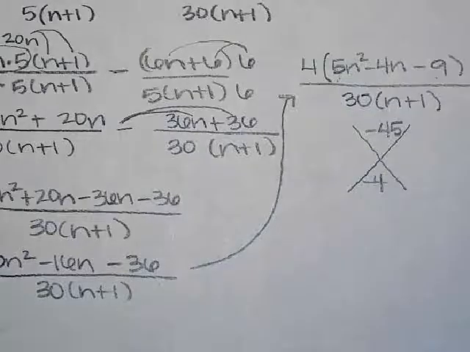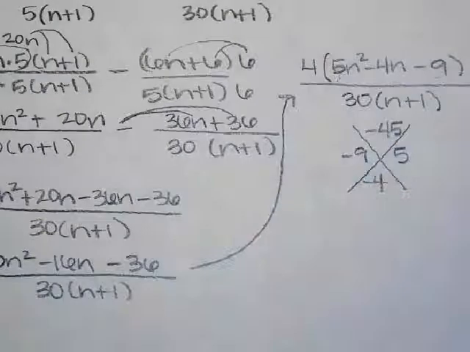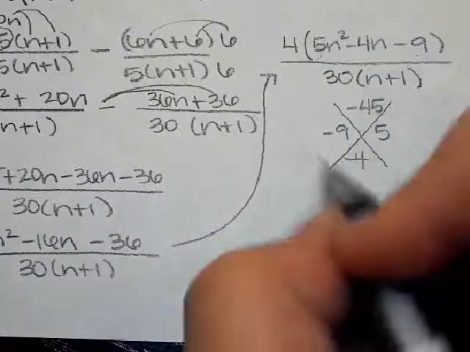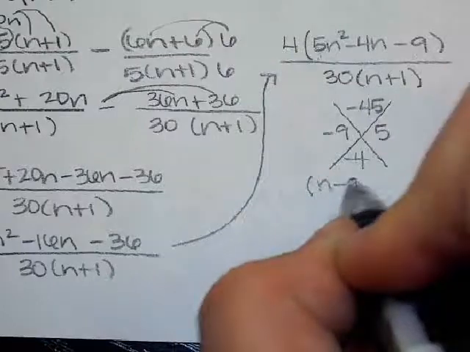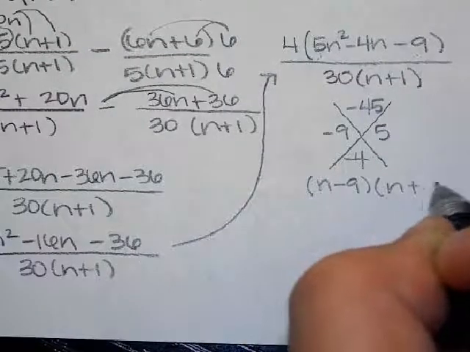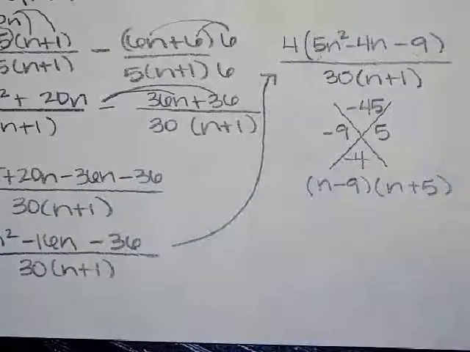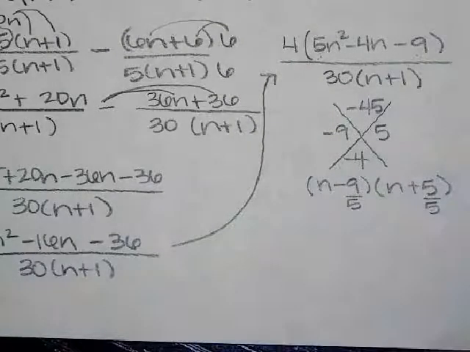Okay. So the parentheses right now are n minus 9 and n plus 5. We slid a 5 over, so what number do we divide by? 5. So what should our parentheses be?